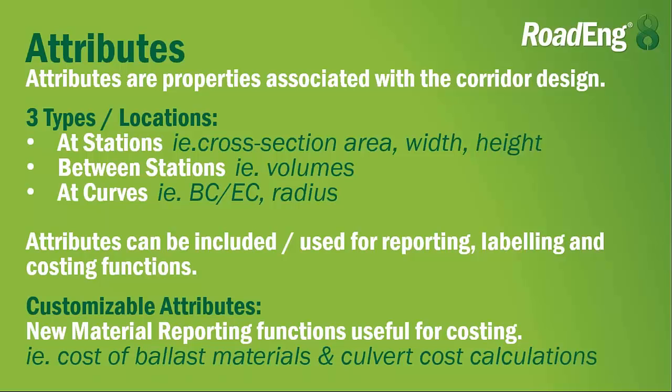For example, the cost of ballast materials and culvert cost calculations. Craig is going to be going through a few examples today of how to work with attributes, including their reporting, their labeling, and some of these customizable attribute costing functions. So all of this, plus more, is included in version 8.